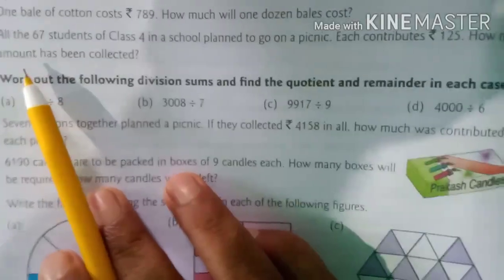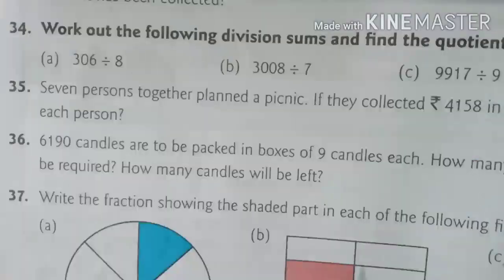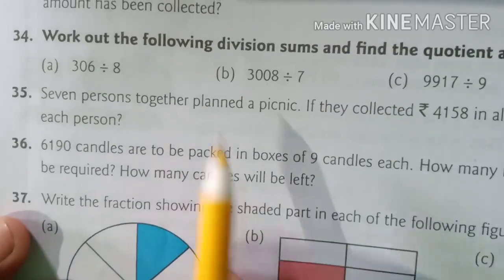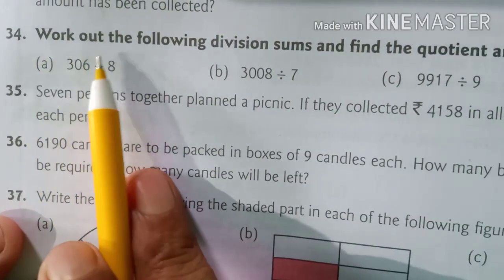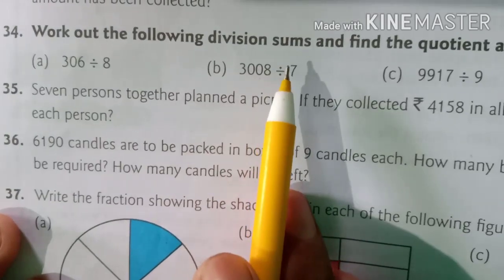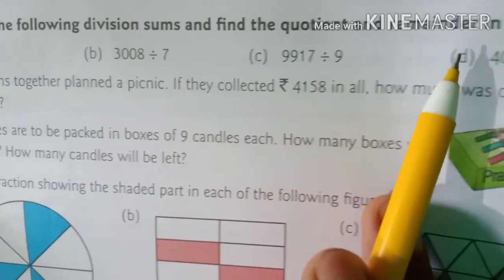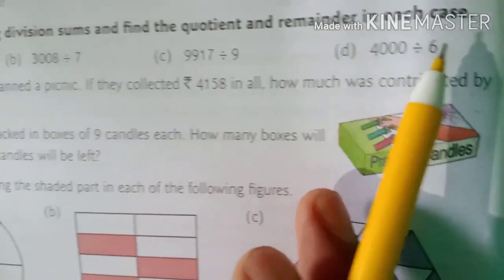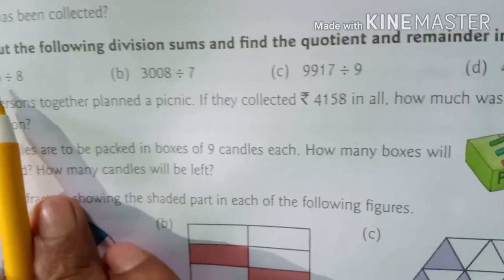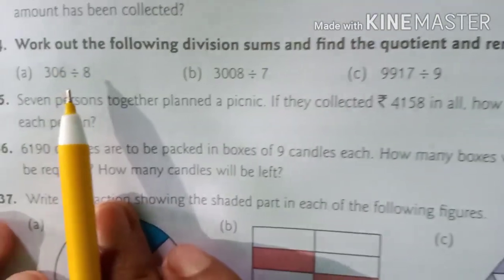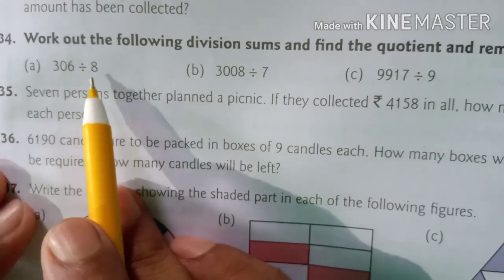Come to the next question. See students, question number 34. Work out the following division sums and find the quotient and remainder in each case. As you can see, in this question you have to perform the division operation.